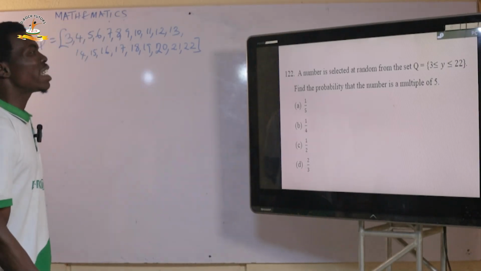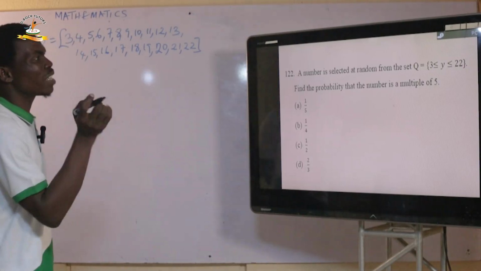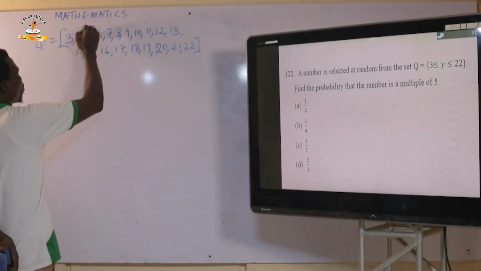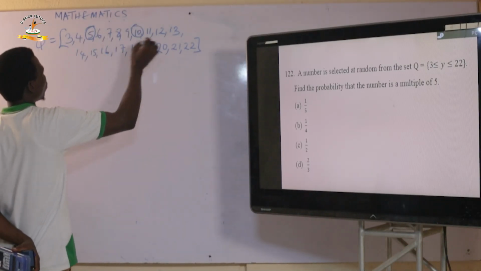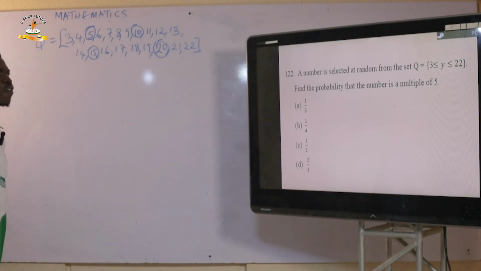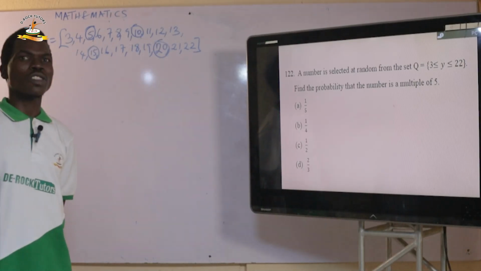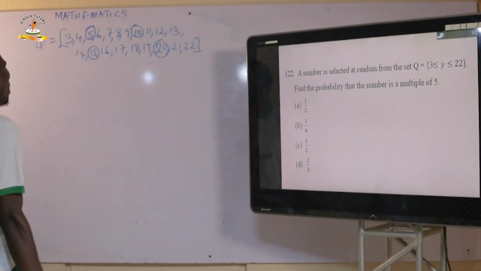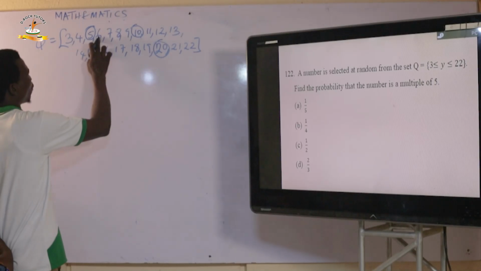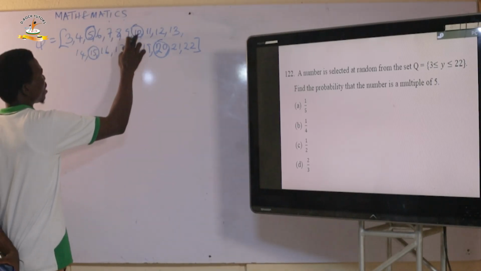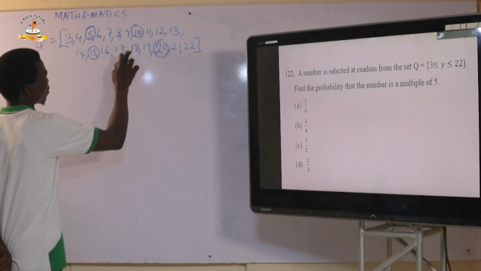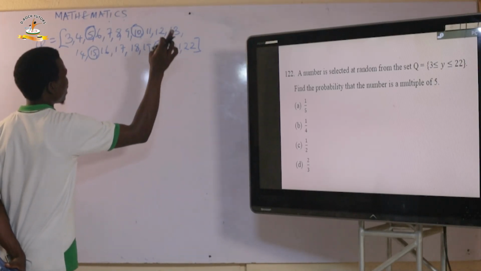But it says a number is selected at random. Find the probability that the number is a multiple of 5. What are the multiples of 5? Let's encircle them: 1, 2, 3, 4. So only 4 numbers are multiples of 5. Out of how many in the sample space? 1, 2, 3, up to 20.